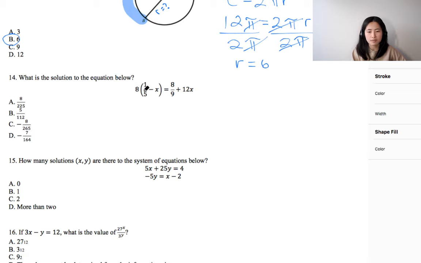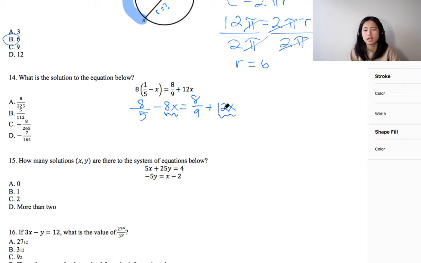So we have 8 times 1 over 5. This is going to give us 8 over 5. And then, because we have a parenthesis right here, you need to distribute 8 to each of your terms: 8 times 1 over 5 and 8 times negative x. So that would give us negative 8x. And this is equal to 8 over 9 plus 12x. As you can see, we have negative 8x and then 12x.